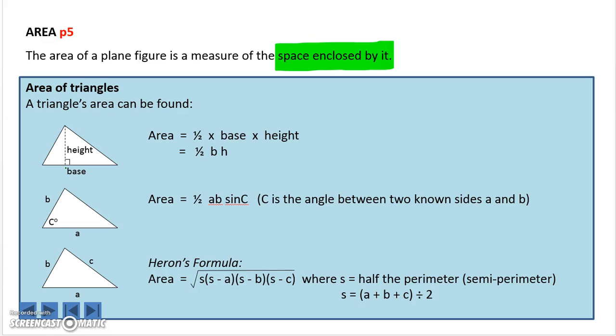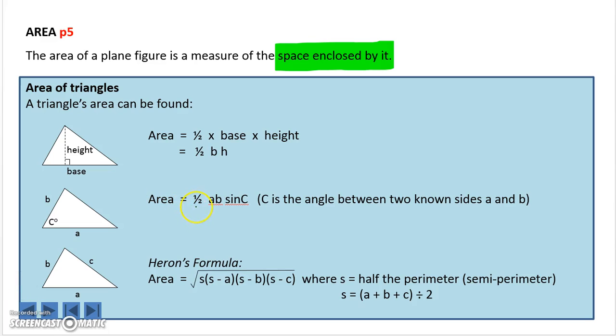The second formula that we're going to look at, you may or may not have seen this one before, is if you don't have the height, like in the first example, you might have some sides and an angle. So this is when you would use this formula.